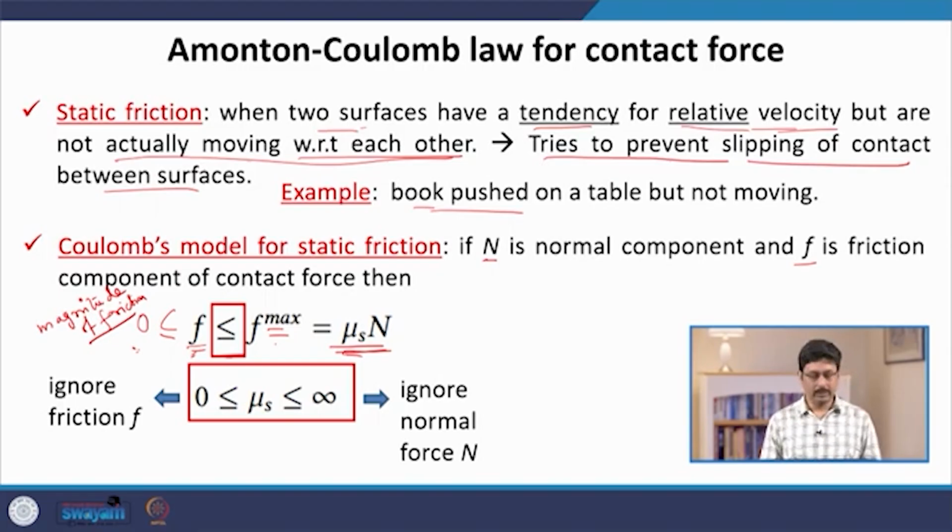The second point is that if I ask students what the value of mu is, I always get the answer that mu varies from 0 to 1. So, what is mu? Mu represents the ratio of the frictional component, the horizontal component, and the normal component of the force. Now, what does mu equal to 0 signify?